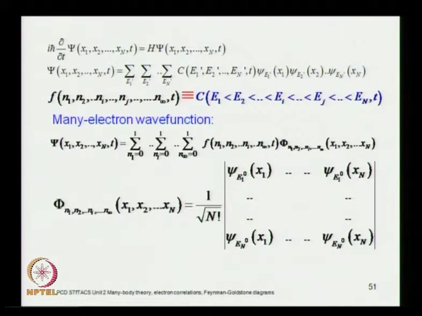The correlated many electron system will then be written as a superposition of very many Slater determinants, in principle infinite. Okay? But in most practical cases only one may be important, and in some others maybe 5 or 6 or 10 or 20 are important, or maybe a few hundred or even a few thousand. Okay?